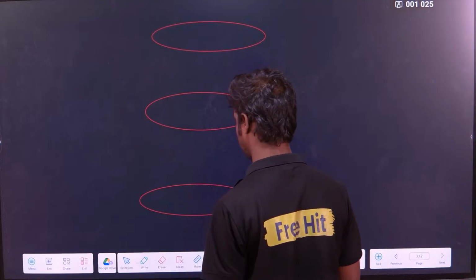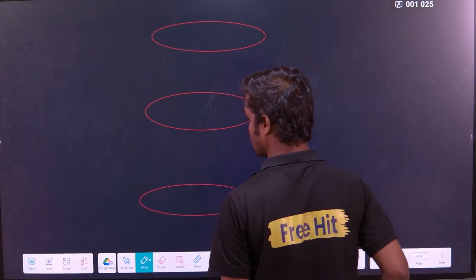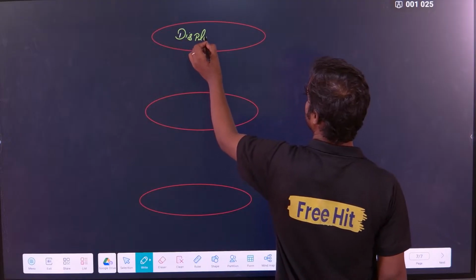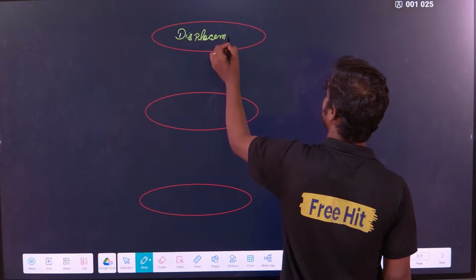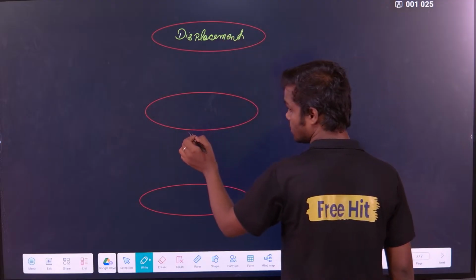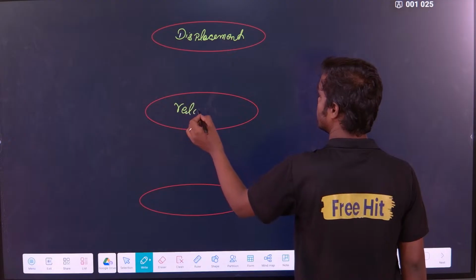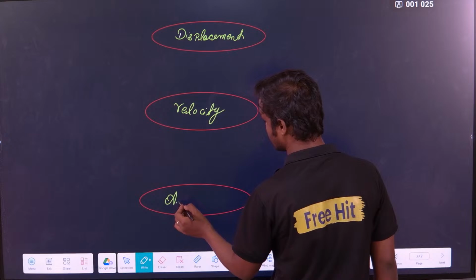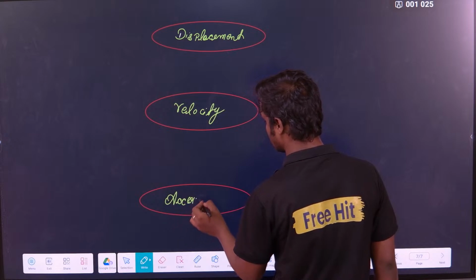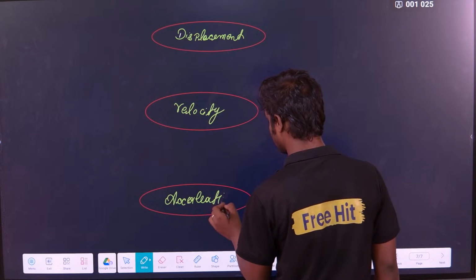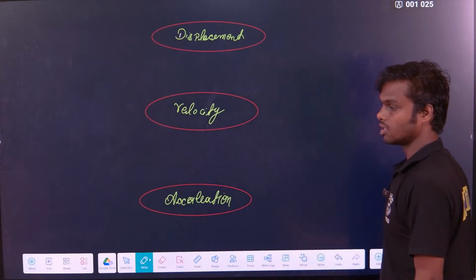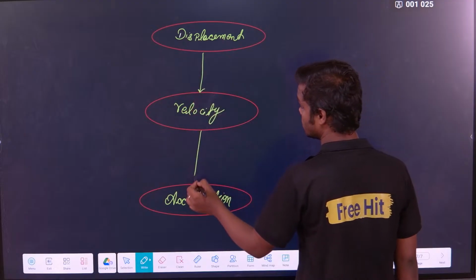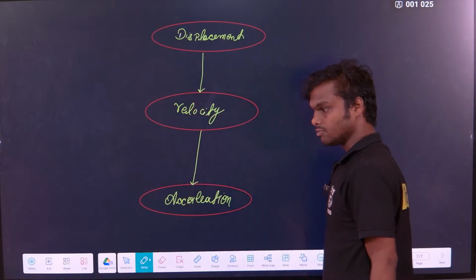Suppose we have displacement, then velocity, and the last thing is acceleration. If you remember this, then it is very easy for you. So from here to here, how do we go? That is a formula change.